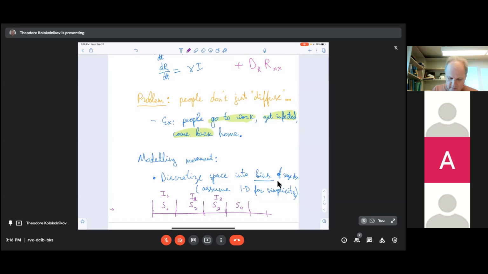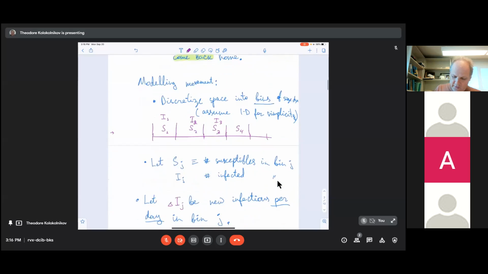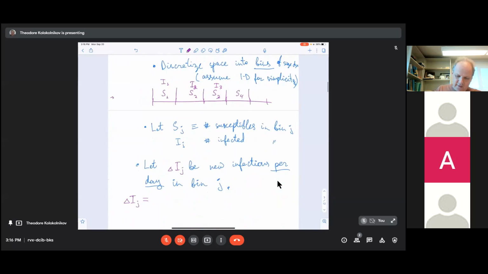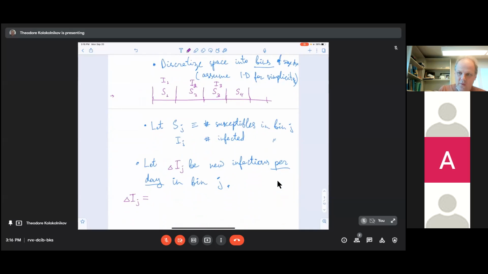Okay. And so then what we're going to model, the simplest model, is to assume that the susceptibles travel to the adjacent bin. Now in reality, and this can also be modeled, they can travel not just to the adjacent bin but further away. But let's just look at the simplest setup.